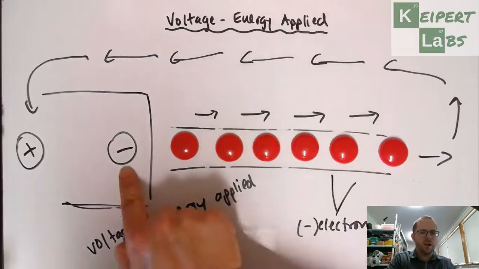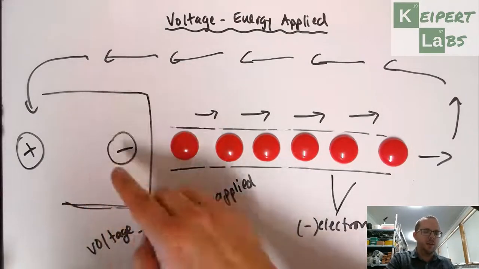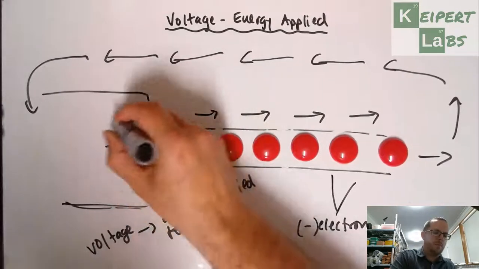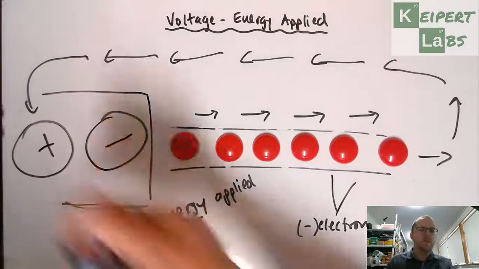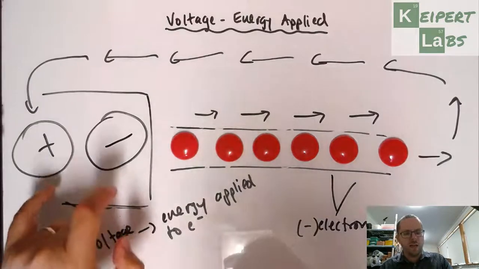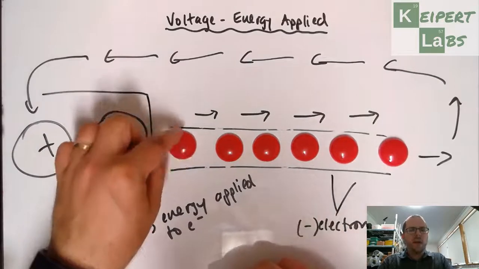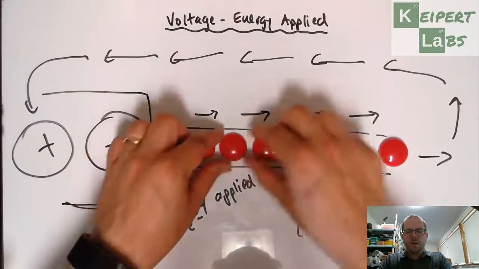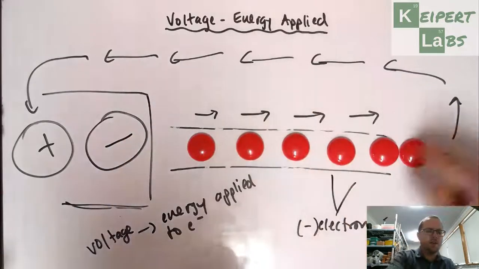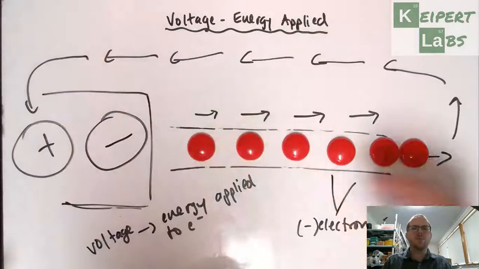If I say that's the size of the negative charge in this particular voltage, and I ramp that up to a bigger voltage, a bigger difference between positive and negative, then this will have more energy applied to it. It will push and push with more energy as it goes all the way through that circuit, so these electrons are carrying more and more energy as they move through.